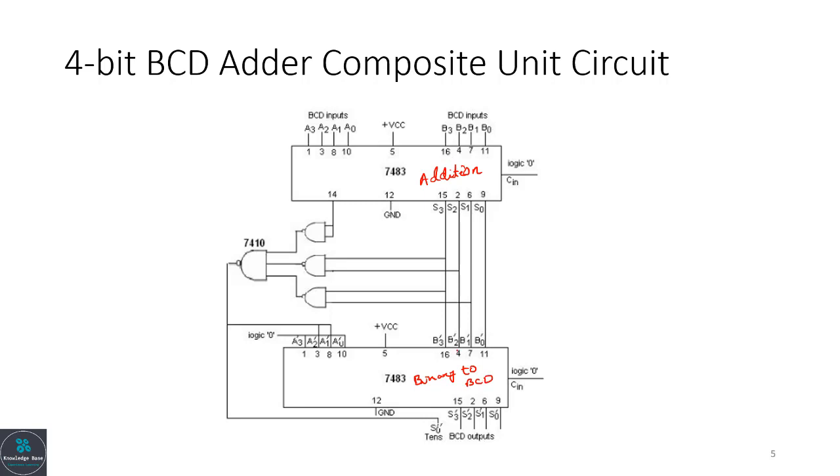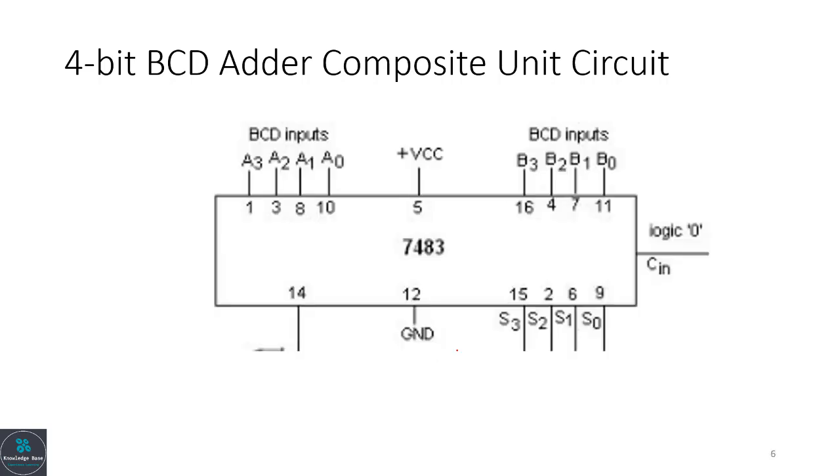So, let us break that circuit into three parts and discuss what is going on here. This is the upper part, that is the addition. Cin is logical 0, so here we are not considering the Cin.